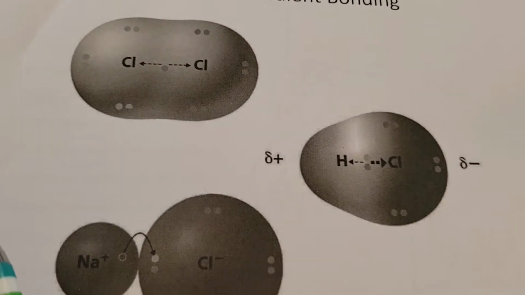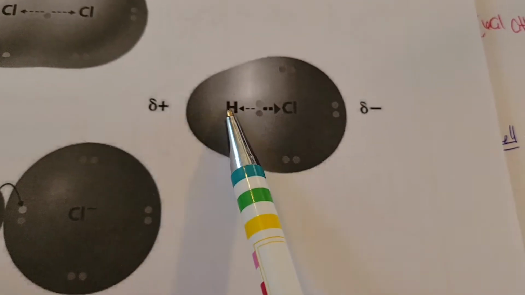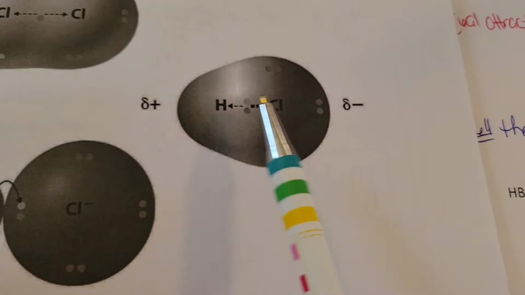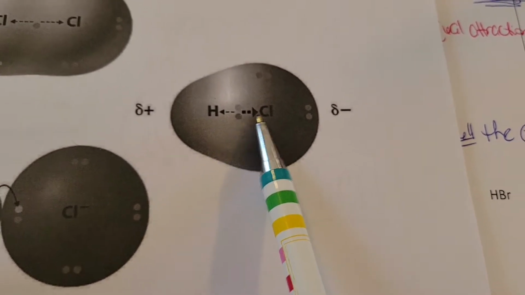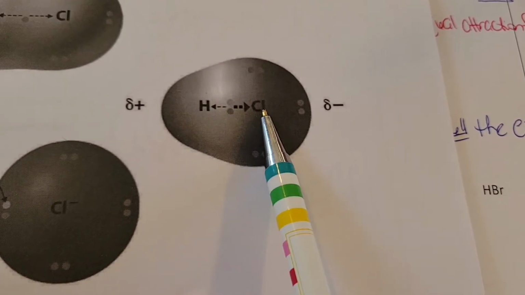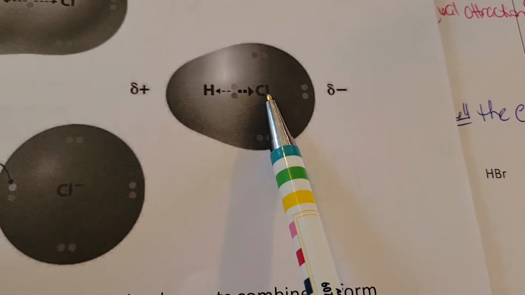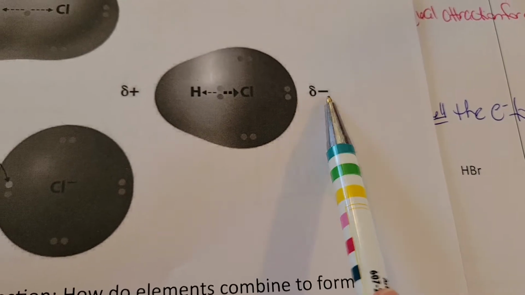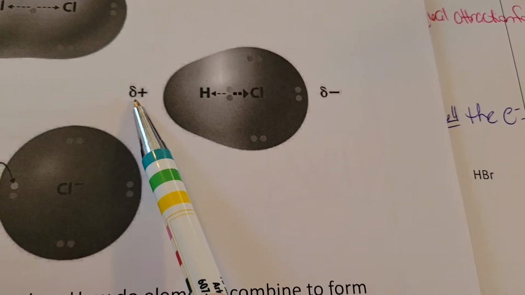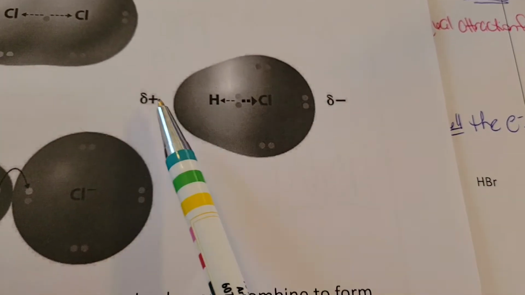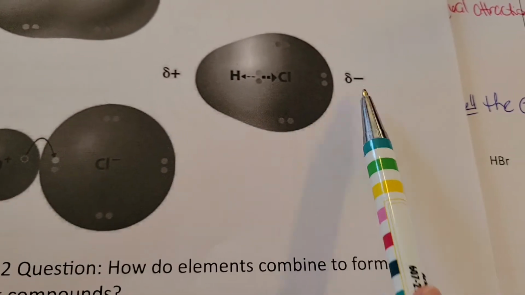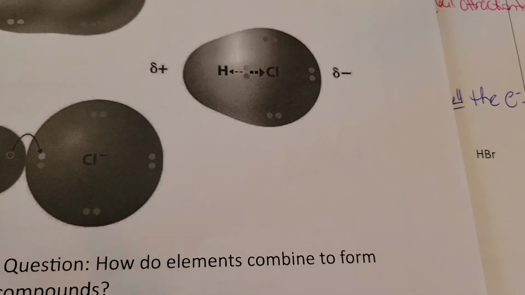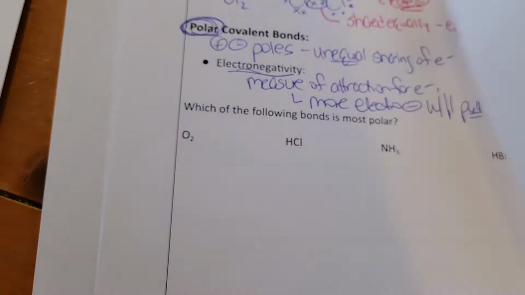What we're talking about now is when I have two things where one is more attractive than the other. They're pulling these electrons a little bit more, so they're not sharing completely evenly. When they pull the negative toward them, they end up with a little bit of a negative charge and a little bit of a positive charge. It's not a full negative, not a full positive like ionic. It's a partial negative and partial positive. All right, so let's take a look at some of these.